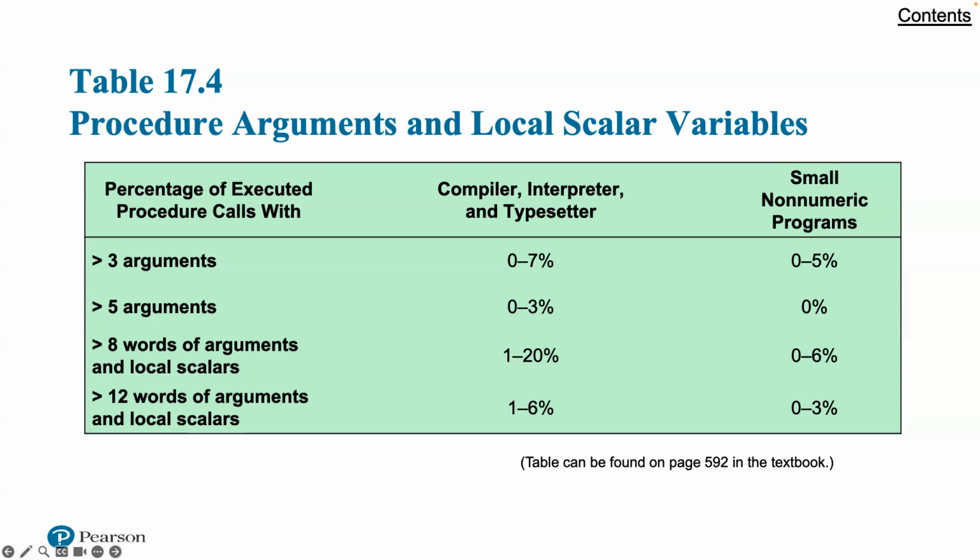These results show that the number of words required per procedure activation is not large. The studies reported earlier indicate that a high proportion of operand references is to local scalar variables. These studies show that those references are in fact confined to relatively few variables.